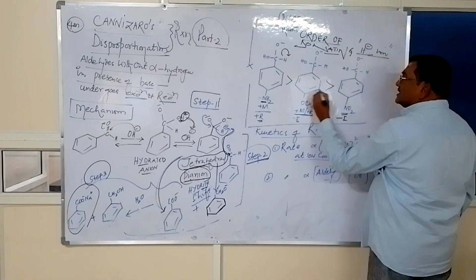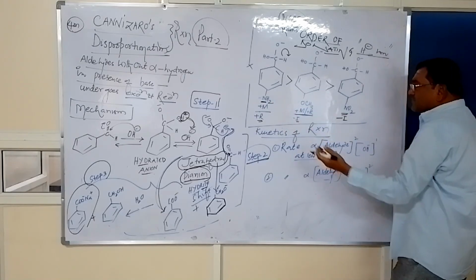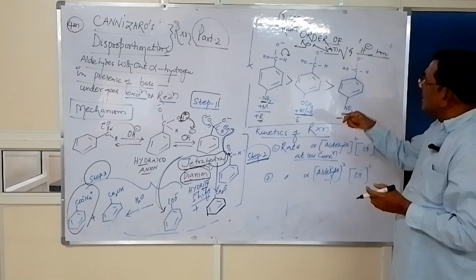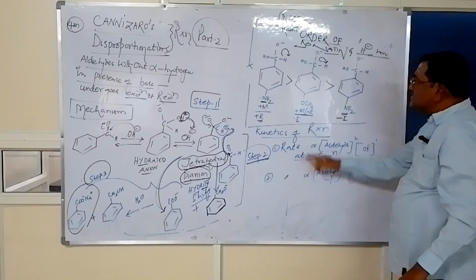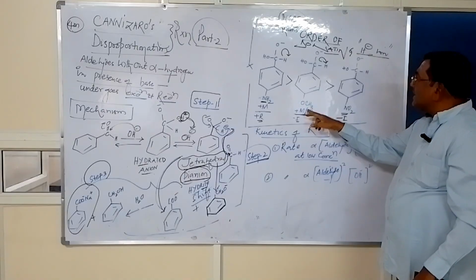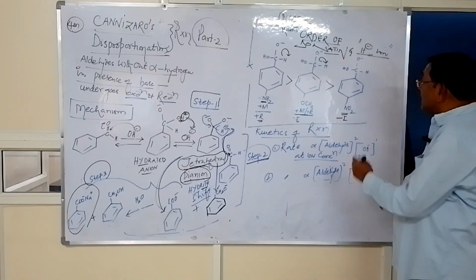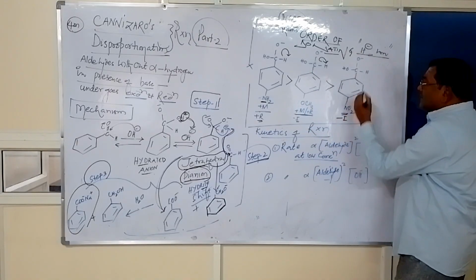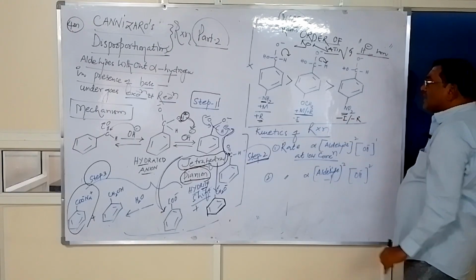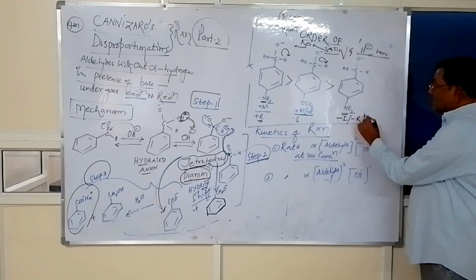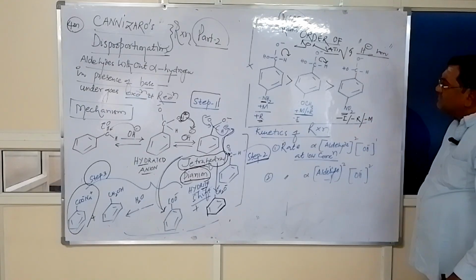Generally, plus M plus R effect is directly proportional to hydride donating capacity. So the order is amino greater than paramethoxybenzoate, greater than para-nitrobenzoate, because the nitro group has minus I effect, minus R effect, or you can say minus M effect also.